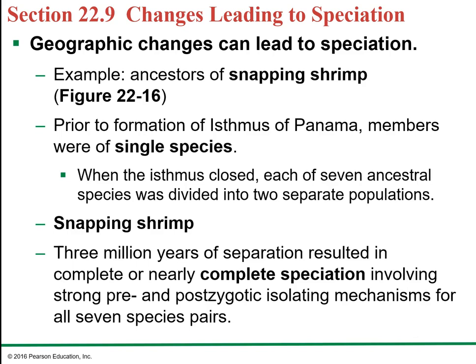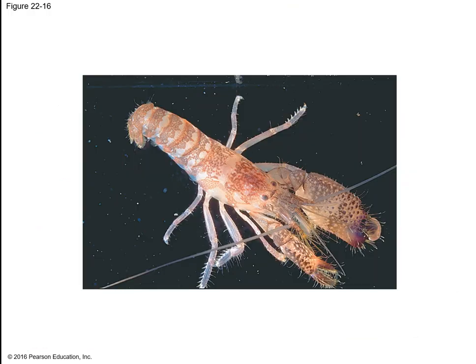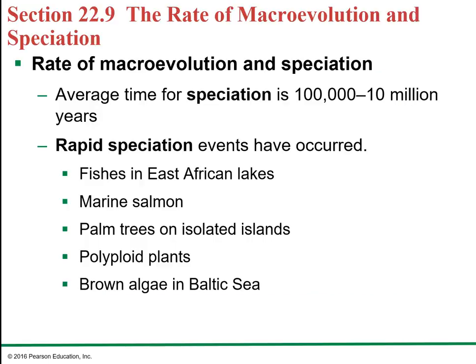Over time, those two populations became separate species. It says here that 3 million years of separation resulted in completely or nearly complete speciation. But look how long it took: 3 million years. There was a geographical barrier that separated the two populations, and over time they developed into new species. Here's a picture of the snapping shrimp.